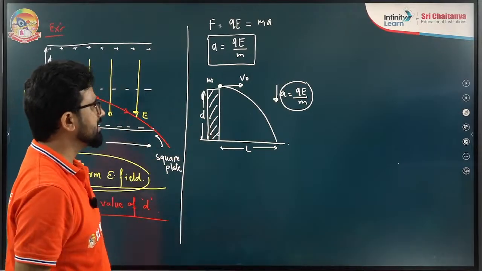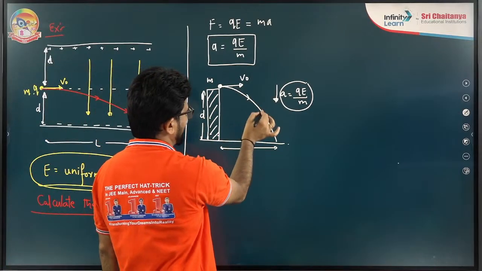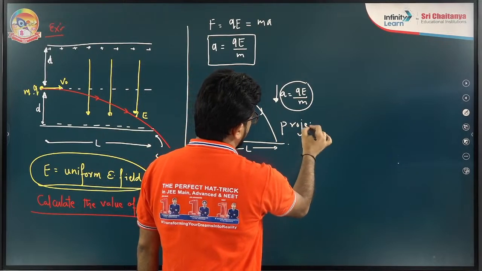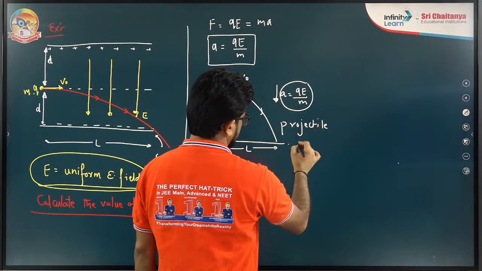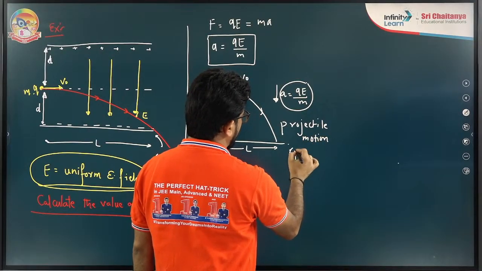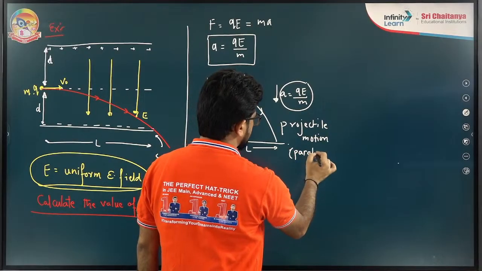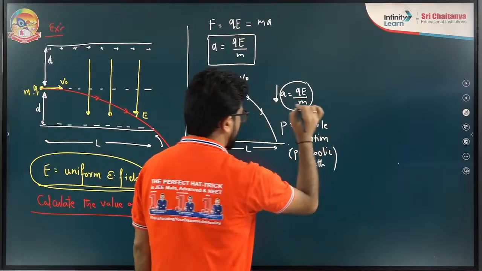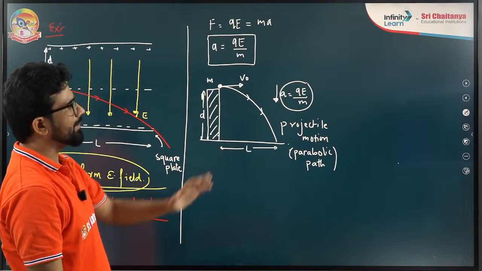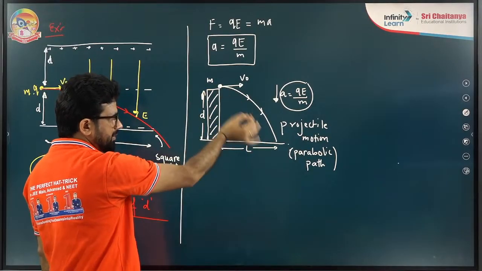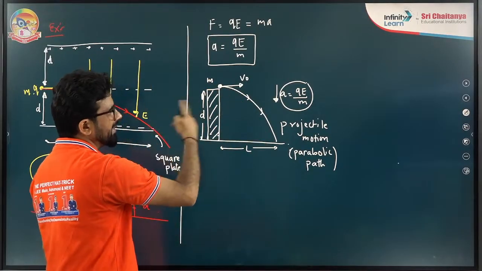If the analogy is clear, we already know this is projectile motion, and this projectile motion is nothing else but a parabolic path. The charged particle is moving on this parabolic path. Now we can write everything.